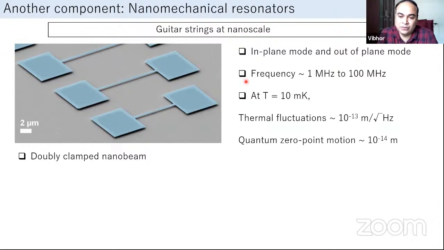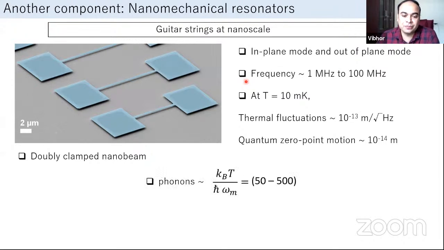You have thermal fluctuations on the order of 10 to the power minus 13 meters per square root hertz, and compared with the quantum zero point motion of these mechanical resonators, they are an order of magnitude larger. Most of the thermal energy is gone, but some thermal phonons are still left even at very low temperatures, typically on the order of 50 to 500.